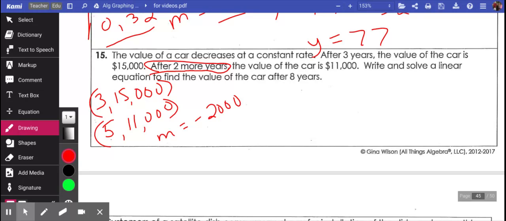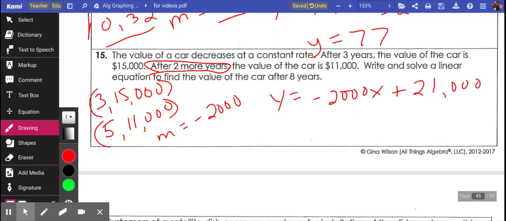And then again, point slope formula, or y equals mx plus b. And you'll end up getting the equation y equals negative 2,000x, and your y-intercept should end up being plus 21,000. So basically that's what the price started at.